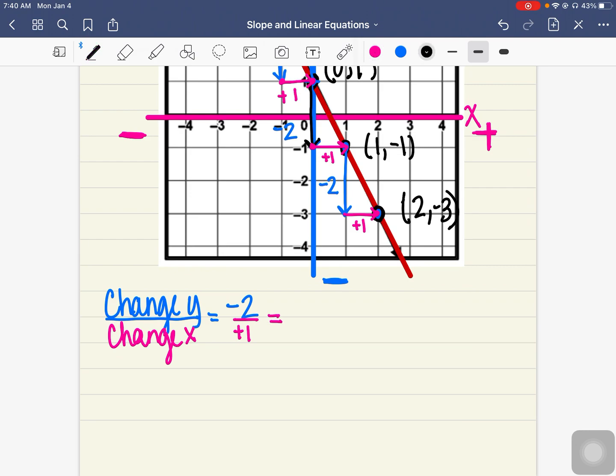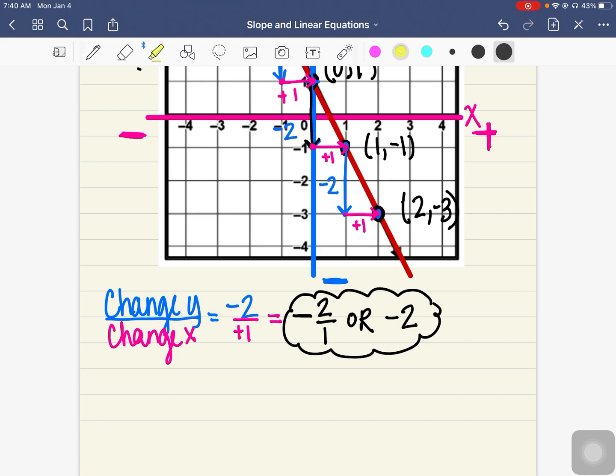So when I simplify this, a negative divided by a positive is negative. So you could leave this as -2/1, or we could just say that it's just -2. Both answers work equally well for me. All right, so that's going to be our final answer in this problem.